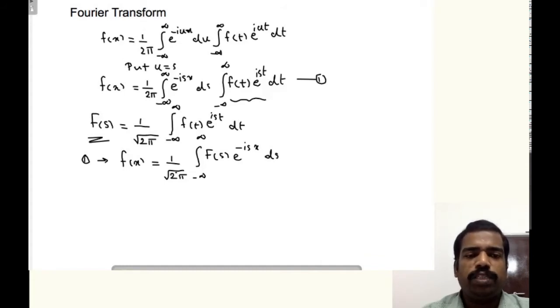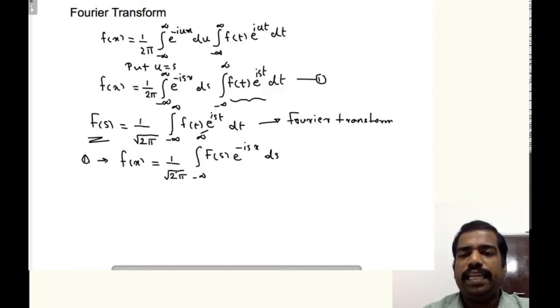We put the substitution f of s equal to this one, so that we rewrite equation 1 this way. Then we call f of s the Fourier transform of the function f of x.